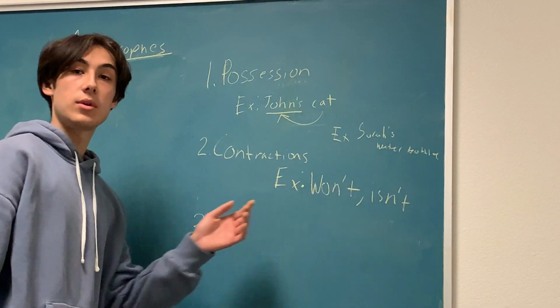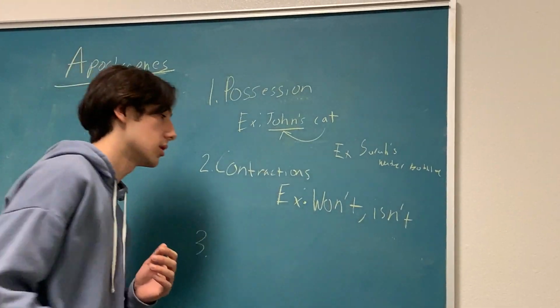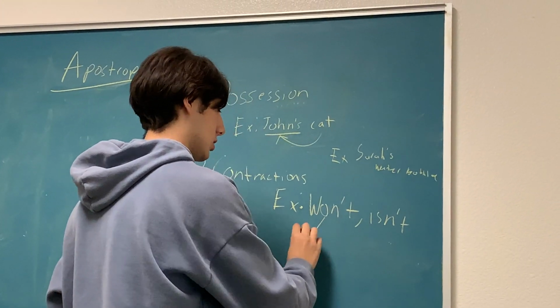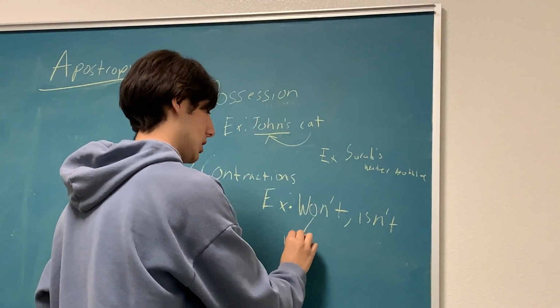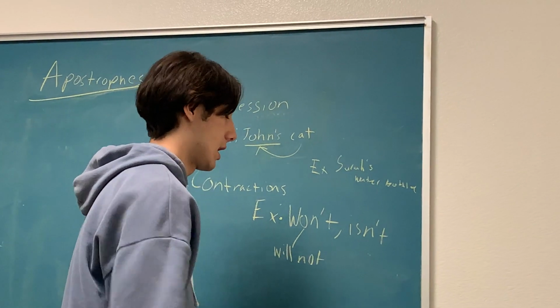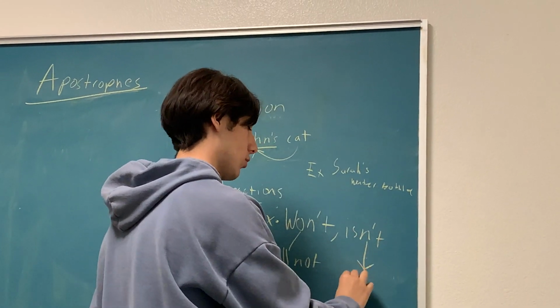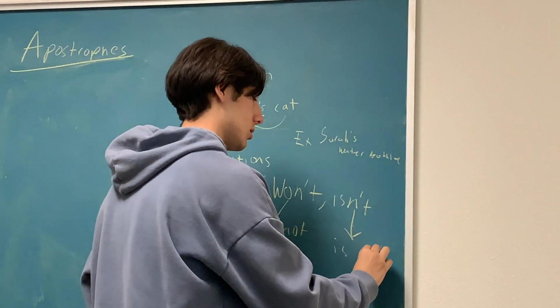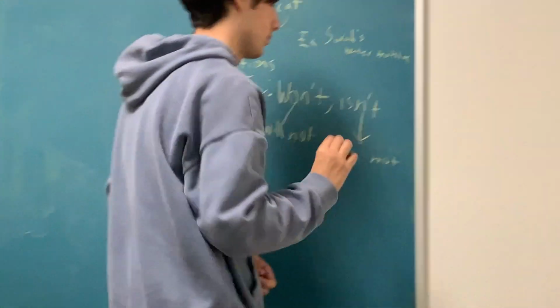So the reason why we have an apostrophe here is it shortens two words into one. So won't actually stands for will not, and isn't is short for is not.